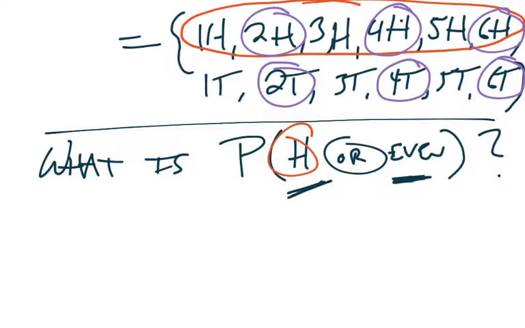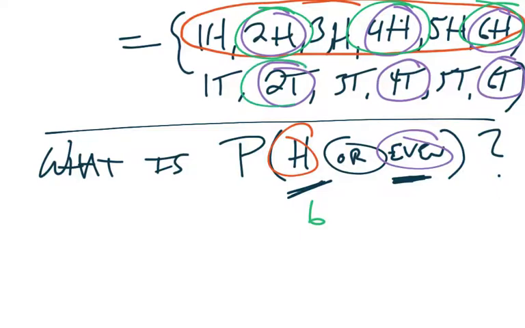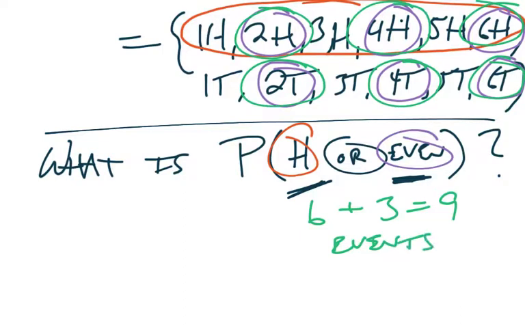If we count up the total number of things that just got circled, for the head events we had 1, 2, 3, 4, 5, 6. For the even events, we had 1, 2, 3, 4, 5, 6. However, these 3 were already circled because they're also head events. So we had 1, 2, 3 new ones. There are 6 plus 3, which is 9 events with heads or even.